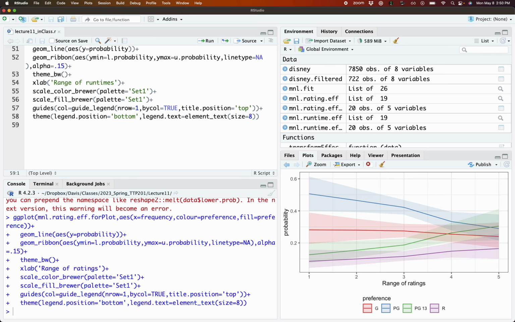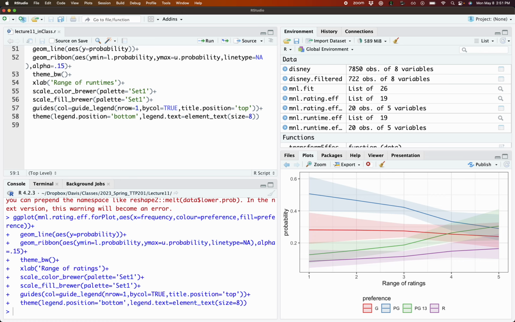The probability that it's PG-13, at the lowest rating, is a little bit above 10%, and the probability that it's R is a little bit below 10%, right? And then these change as the ratings increase.